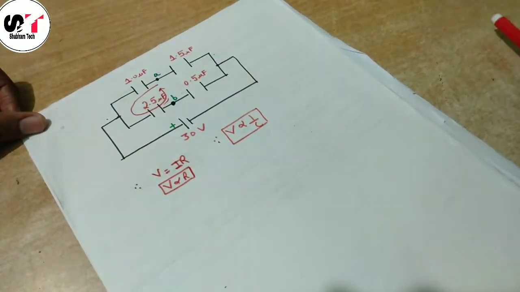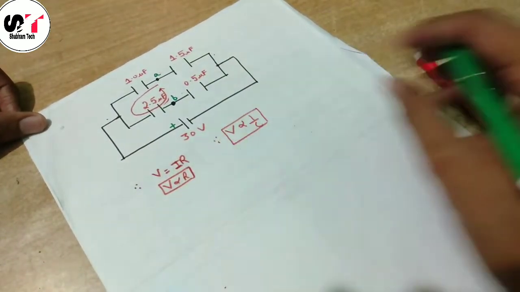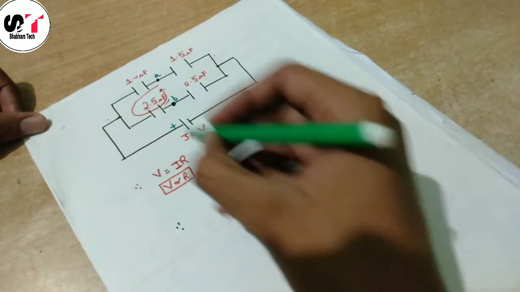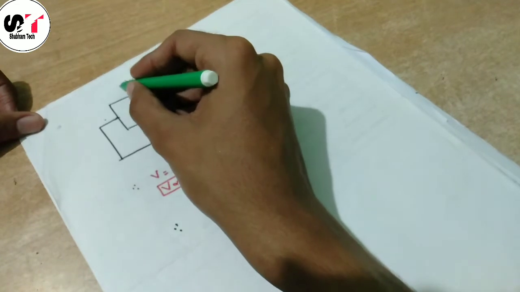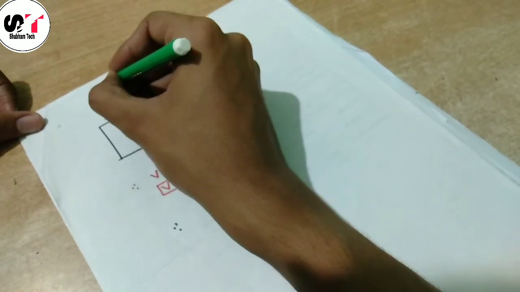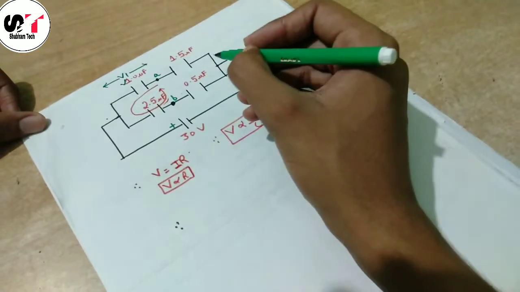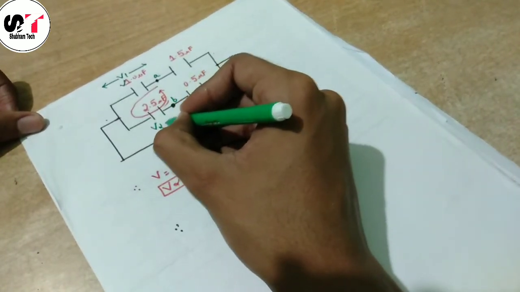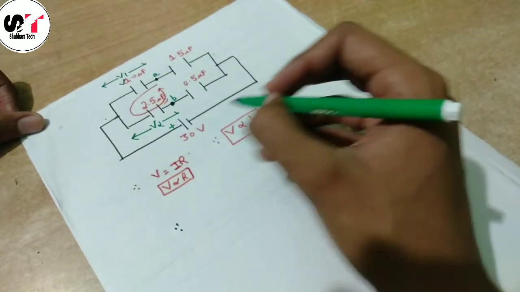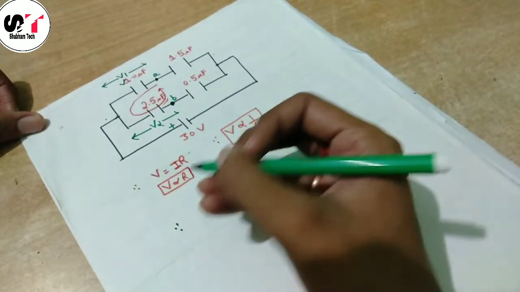Means you can say V1 voltage develops here, okay, and V2 voltage develops here. So what is the value of V1?